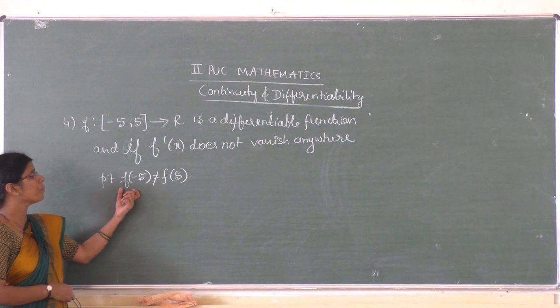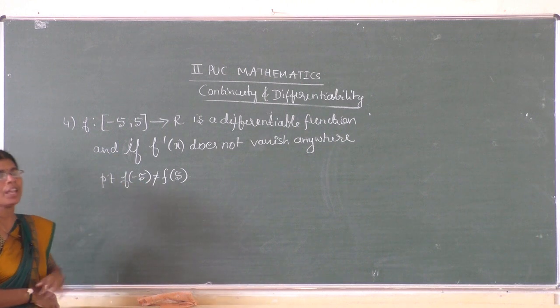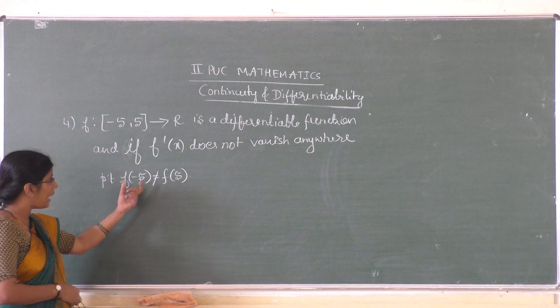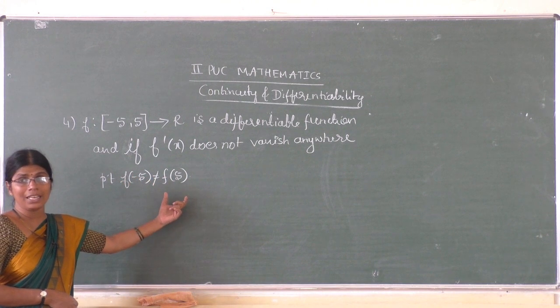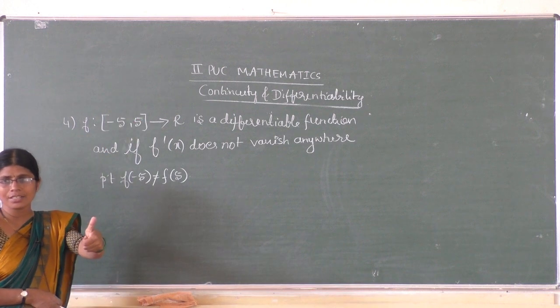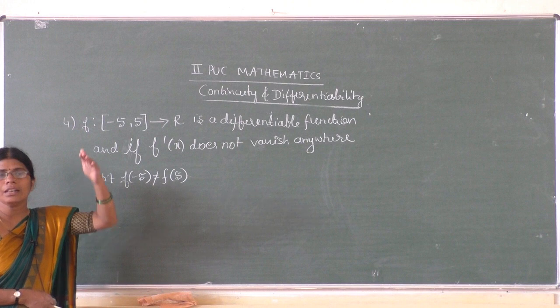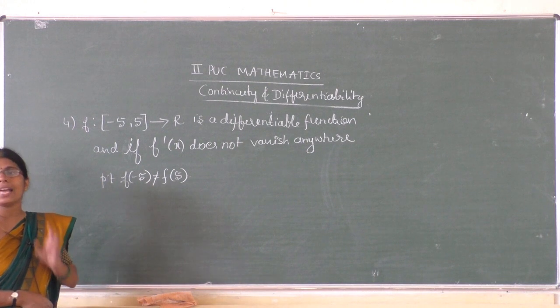You have to prove that f of minus 5 is not equal to f of 5, so we take the contradiction approach. If we assume that this is equal, then since it is already continuous and differentiable, all the postulates for Rolle's theorem are satisfied, so you can apply Rolle's theorem.